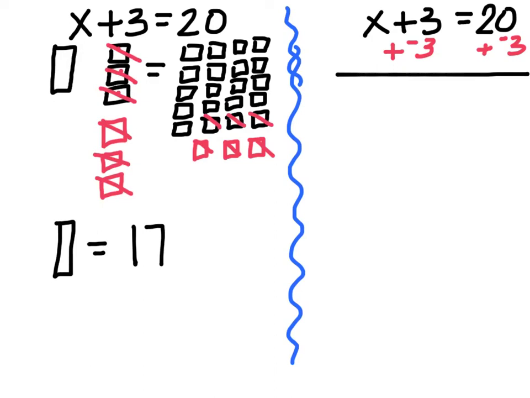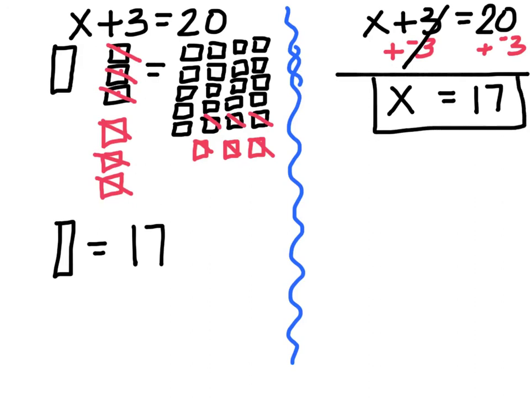And now I can show it as a plus 3 and a minus 3 is really a 0 pair. They're opposites of each other. So I'm left with an x on the left is equal to a 20 plus a negative 3 is a positive 17. So I can box my answer, and now I'm going to check it. And remember, this is the last step. You have to show a check.